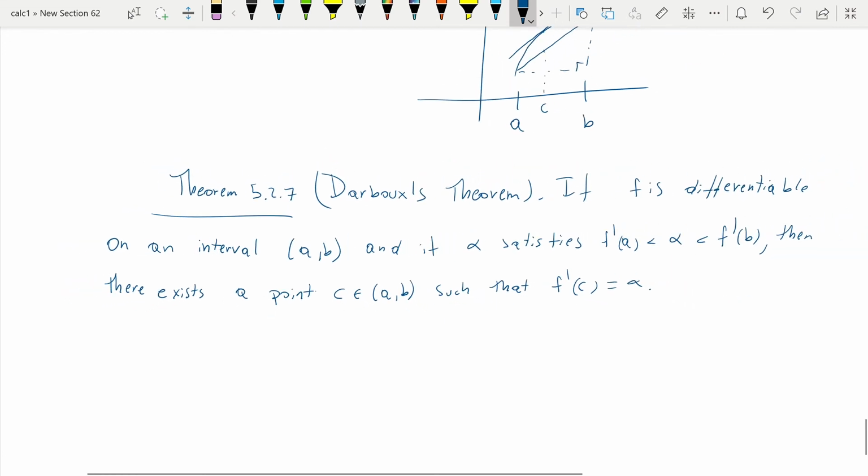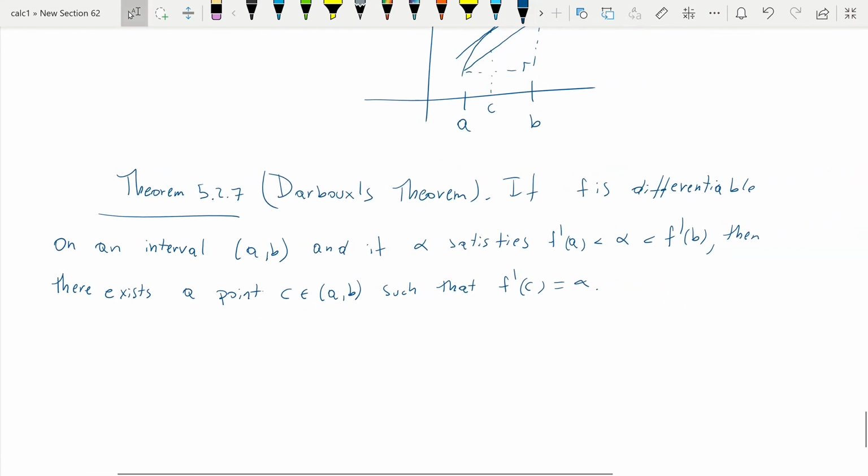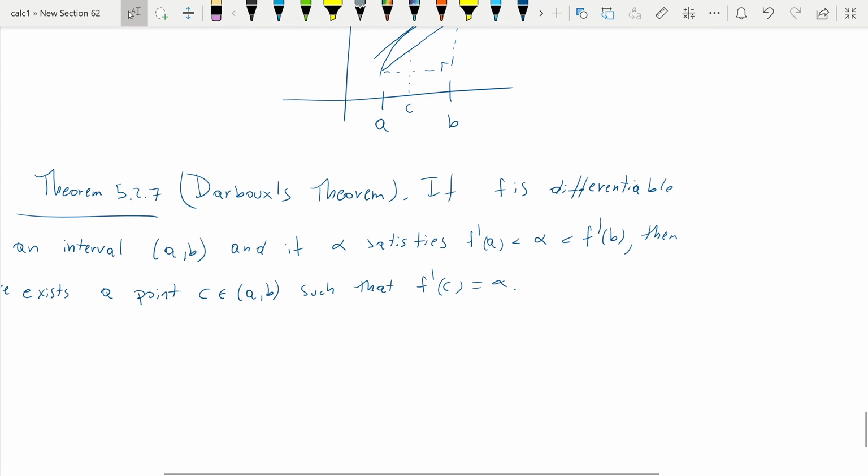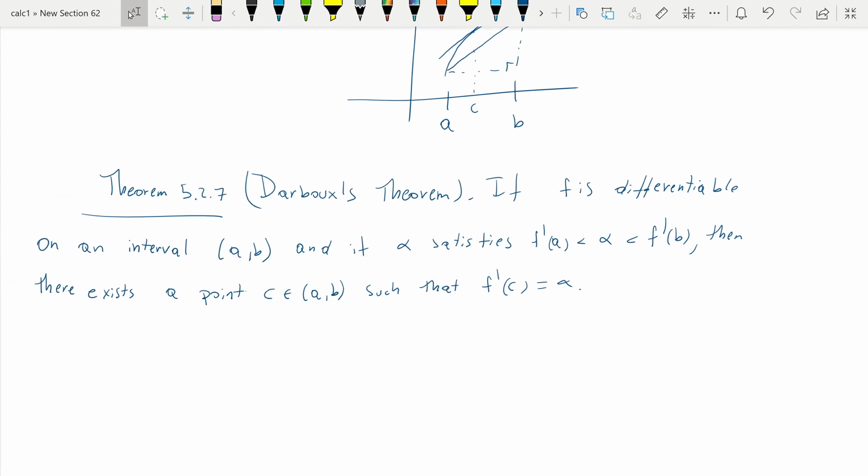So what's surprising about this theorem? Here we know that f is differentiable on the open interval, and we also need to assume that it's continuous at the endpoints. So the way it is stated was wrong in the book. What we need is that there is an epsilon greater than 0 such that f is differentiable on the interval (a minus epsilon, b plus epsilon).